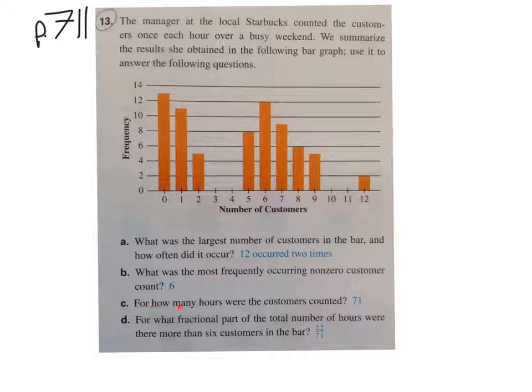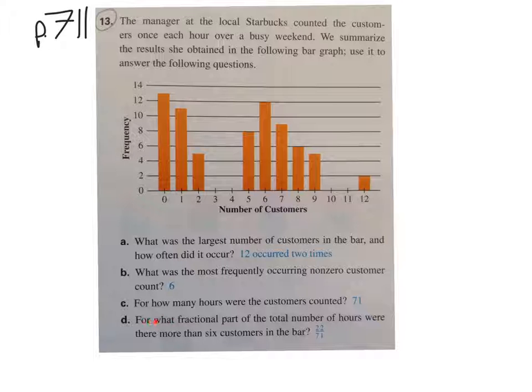All we really need is to add up the heights of all the bars. So we have a 2, a 5, a 6, etc. These represent how many times she counted whatever she counted there. And we're just going to add up all those heights together. And if you do that, you should get 71. So for 71 different hours, she went out to count how many customers were in Starbucks.